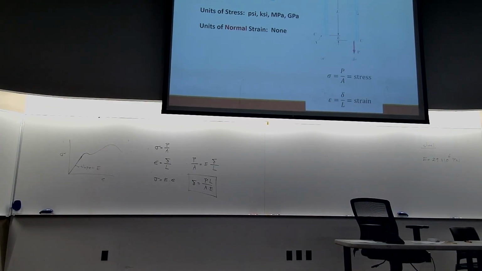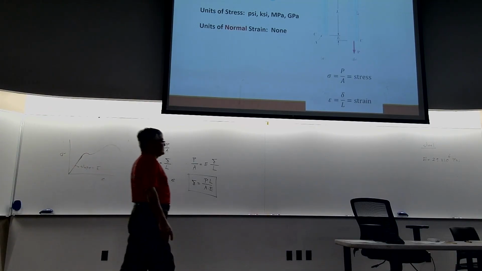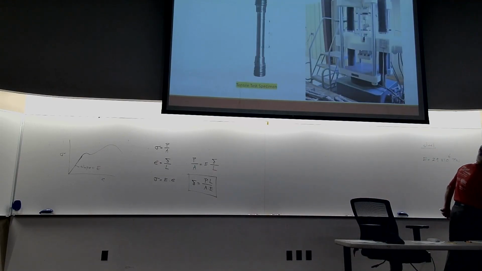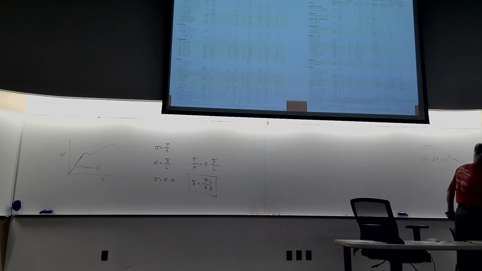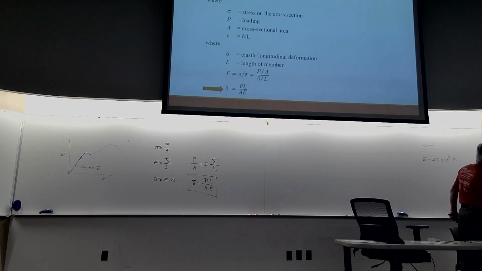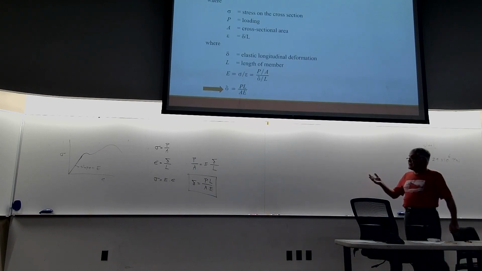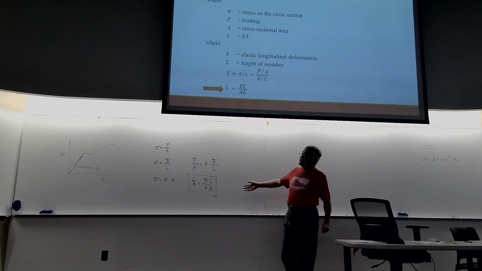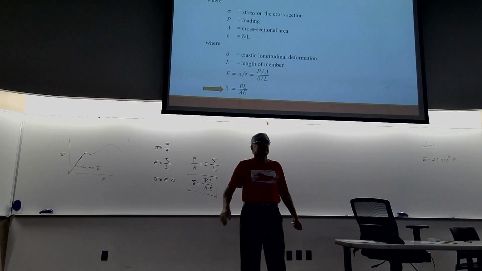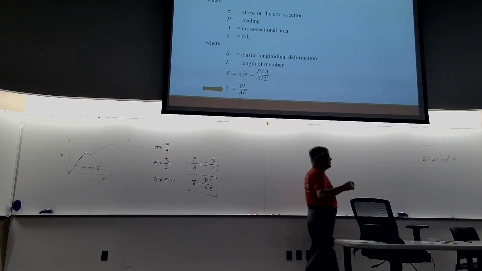And this equation is used many, many times throughout this course, so we're going to use it in a few examples today. This is the equation that I just wrote here. It's shown on the slide with the big arrow next to it. PL over AE is used a lot.